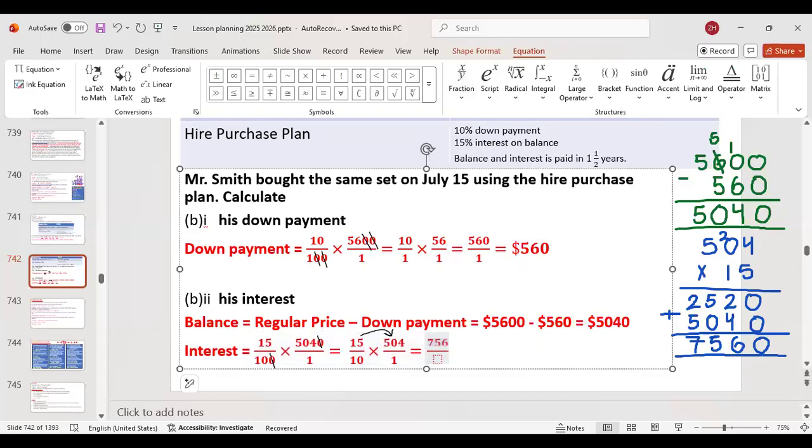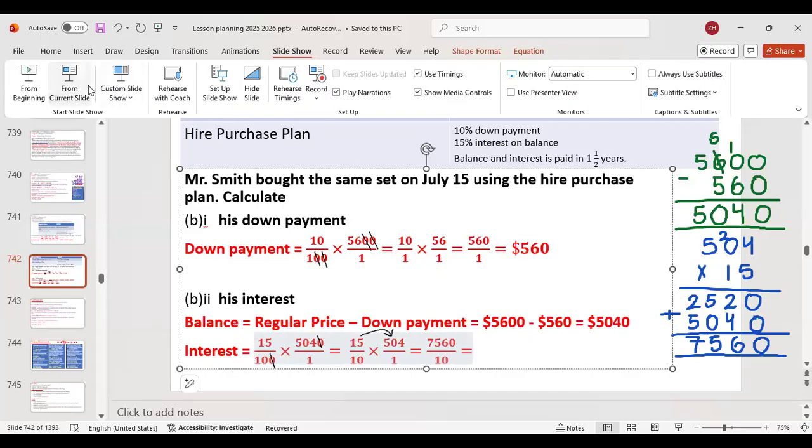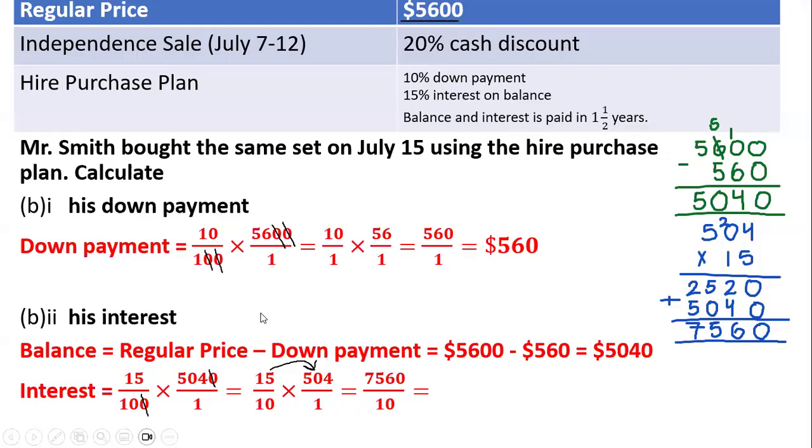So 7,560 over 1, which is well over 10. Sorry, which gives us what? When we divide 7,560 by 10, we can just cancel out the zeros.